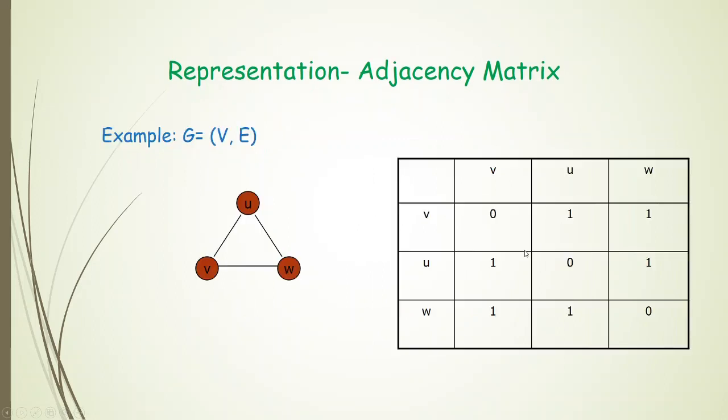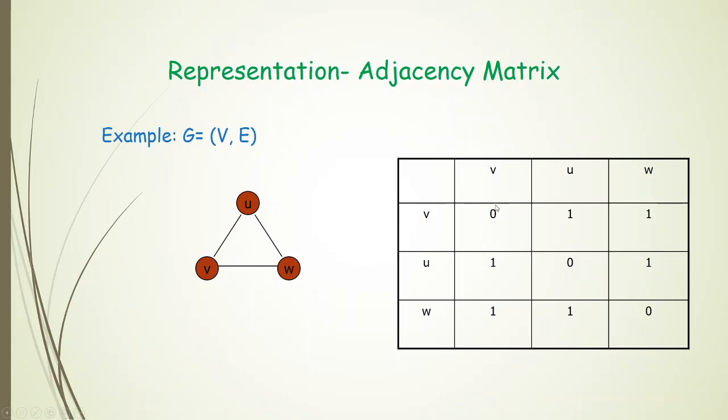For the adjacency matrix, for example, again consider this graph here. So you just write the vertices in one column and the same vertices in this row here. Next, we put 1 if two vertices are adjacent and 0 if they are not. For example, V is not adjacent to itself because there is no loop connecting V to itself.